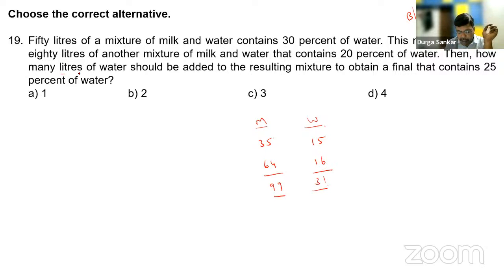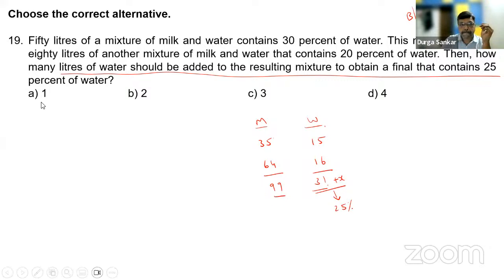The question is, how many liters of water should be added to obtain a final solution that contains 25% water? So if I want water to be 25%, I want to add X liters so that this is 25%, which means 99 liters of milk must be 75%.